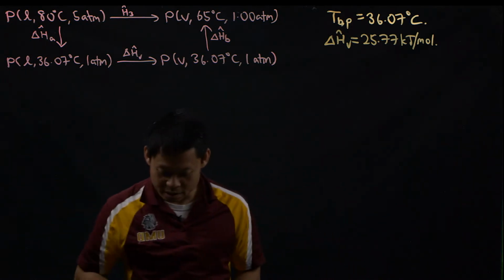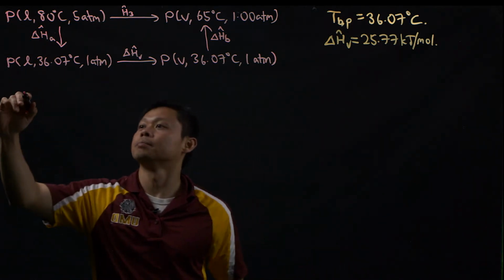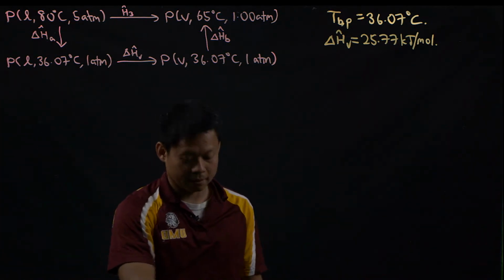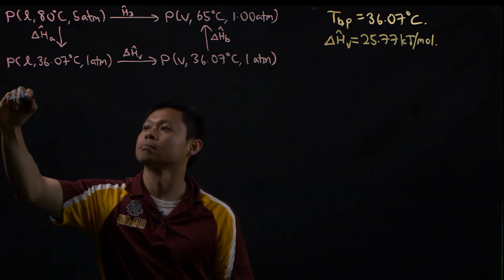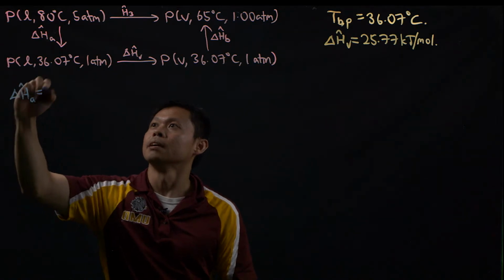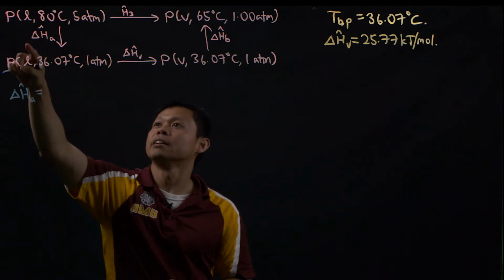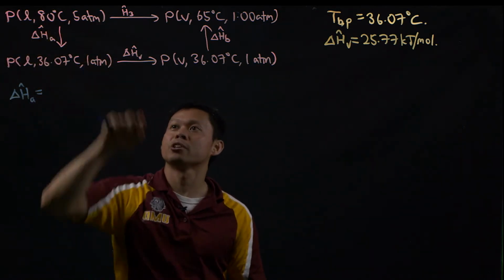So let's start with delta HA. In delta HA, we are in a liquid phase, changing both the temperature and the pressure.